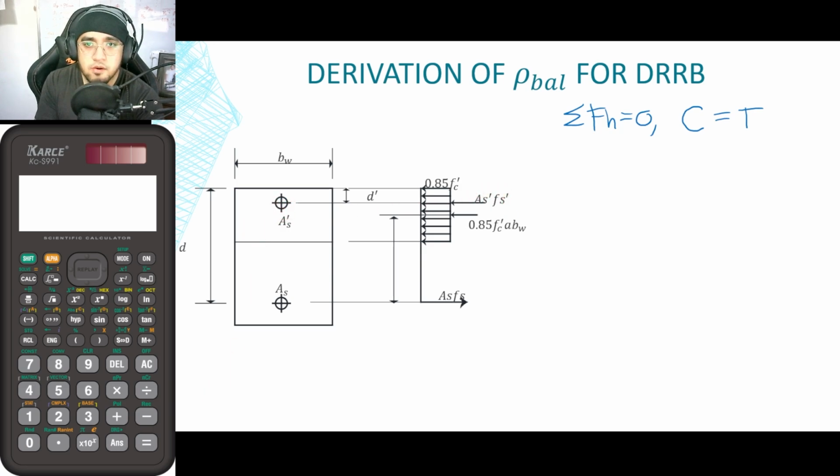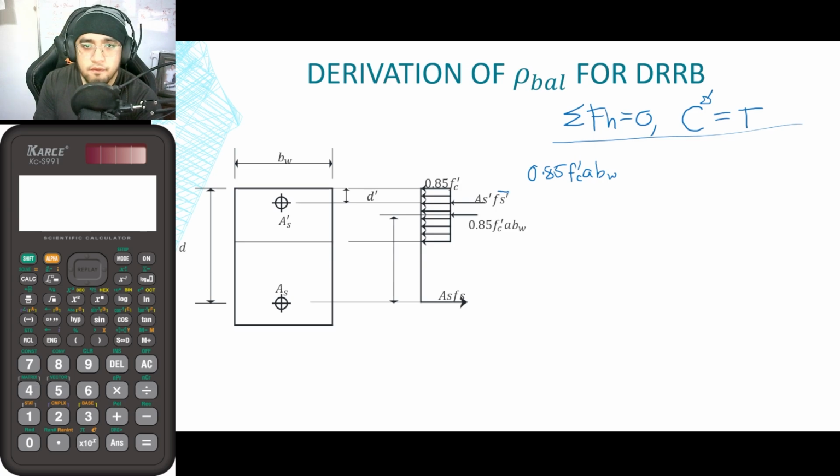So for the forces under compression, we have, of course, the resultant of our compression block, which is 0.85 f'c times a times bw. Once again, 0.85 times f'c times a times bw. That is for the compression concrete.